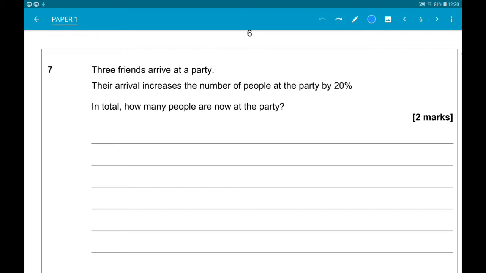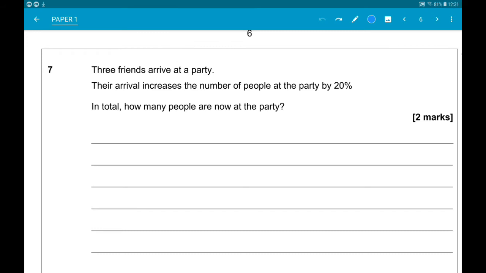Okay, number 7. 3 friends arrive at a party. Their arrival increases the total number of people at the party by 20%. Work out how many people are now at the party. Okay, so really this is reverse percentages. I have stuff on this linked down below.